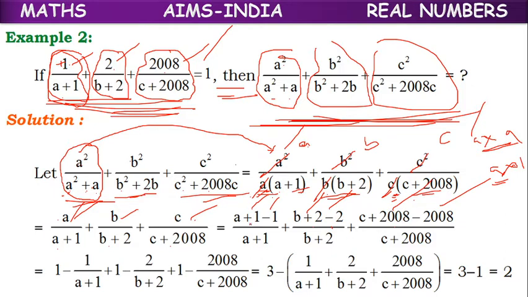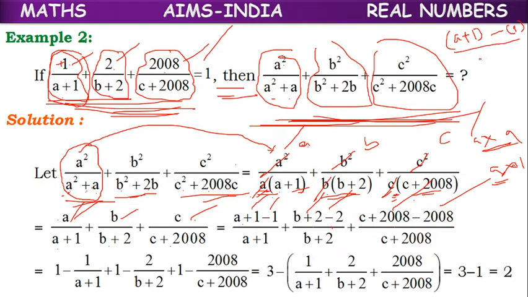So now how can we write? This a plus 1 minus 1 can be written as a plus 1 as one group, minus 1 as another group.